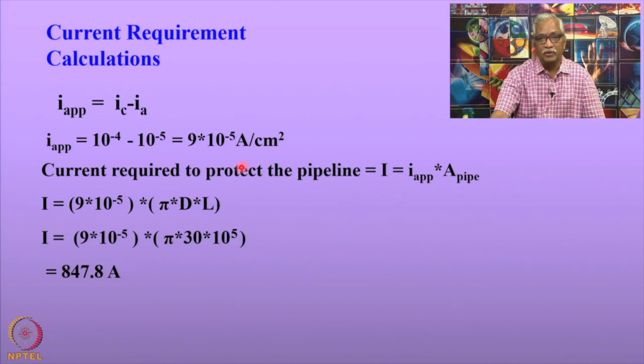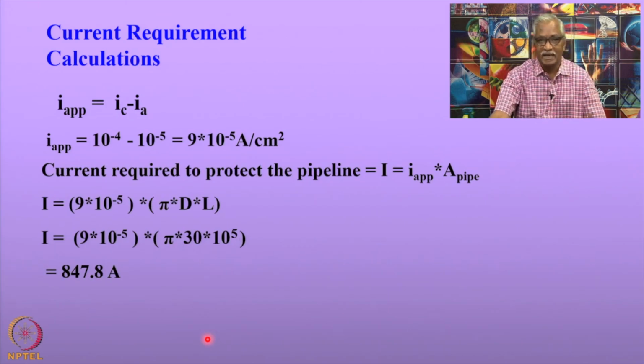So, we need to find out the overall current required to protect the pipeline. To do that, we need to know the surface area of the pipeline, that is substituted here, is pi d into length, you can see this, and then the current density, which turns out to be about 847.8 amperes of current.